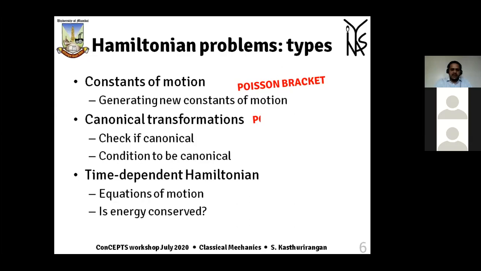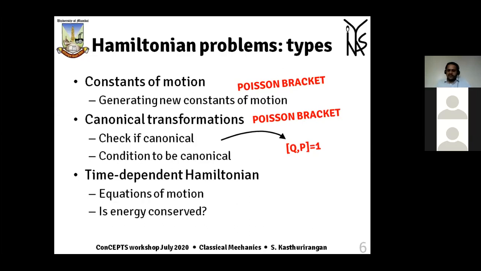Canonical transformations: whether a particular transformation is given and is it canonical or not, or there will be some parameter like the previous question, what should be the value of this parameter such that this particular transformation is canonical. The simplest rule to do this is to take the Poisson bracket of the new coordinates and new momenta.